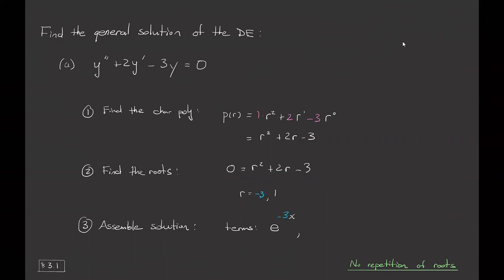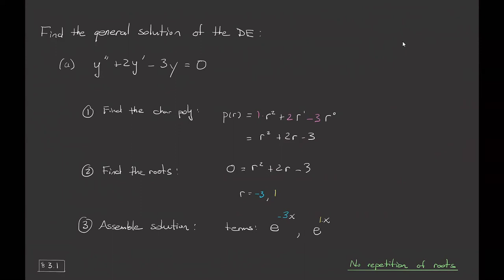Then another term is e to the 1 times x. Maybe I'll put that in another color. Put that in, how about yellow? We get 2 terms. Now that's not the whole solution. There's a little bit more to it, but once you have the terms, there's not too much more to do.